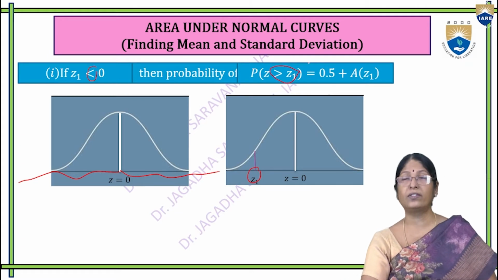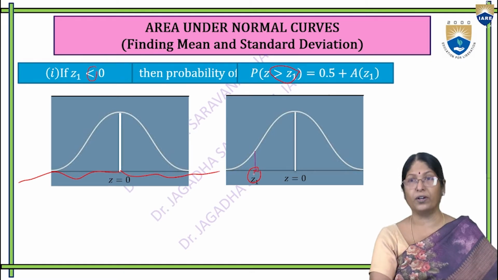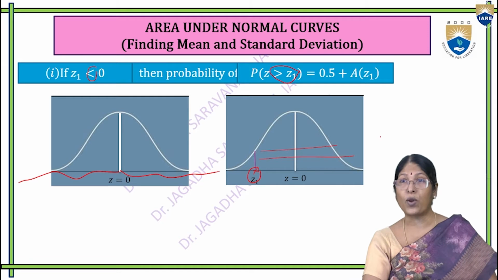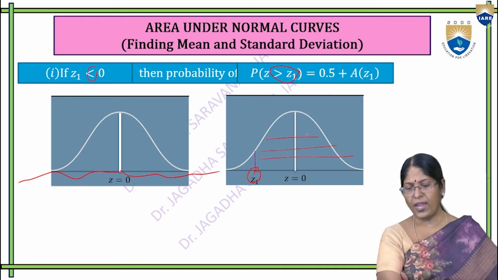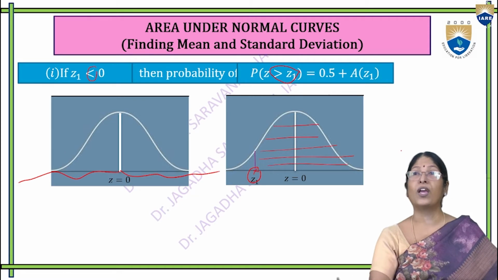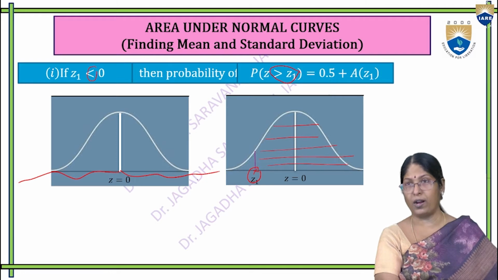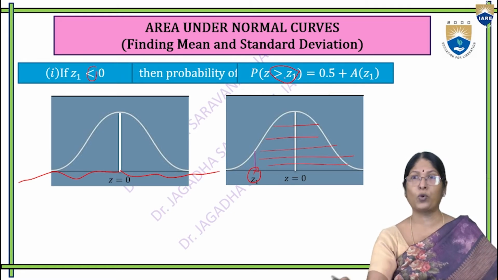That is, right hand side to the point z1. Z1 is here, and this complete area, which I am drawing lines over, is to the right side of this point z1. So this complete area we have to find. We are excluding this part; only the part right of z1 is to be calculated according to our question.